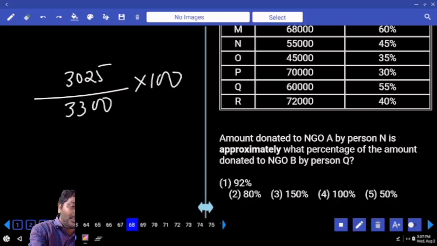What is difference between numerator and denominator? 275. What is 10% of the denominator? 330. We don't have to subtract 330. We have to subtract less than that number. That means we have to subtract less than 10%. If you subtract less than 10%, answer must be more than, go to options, only one. Followed?